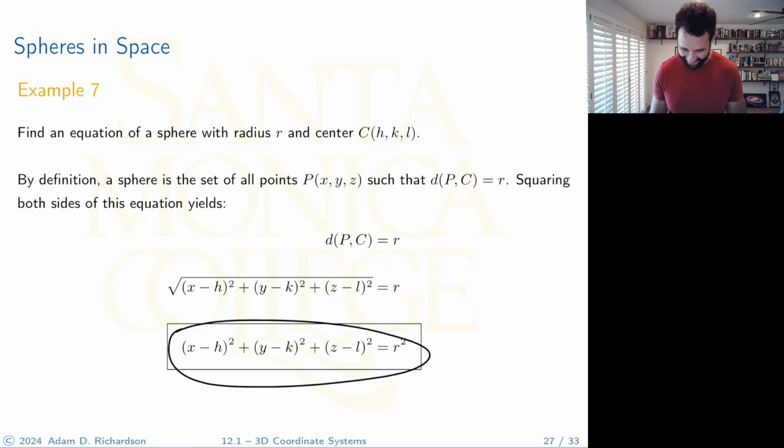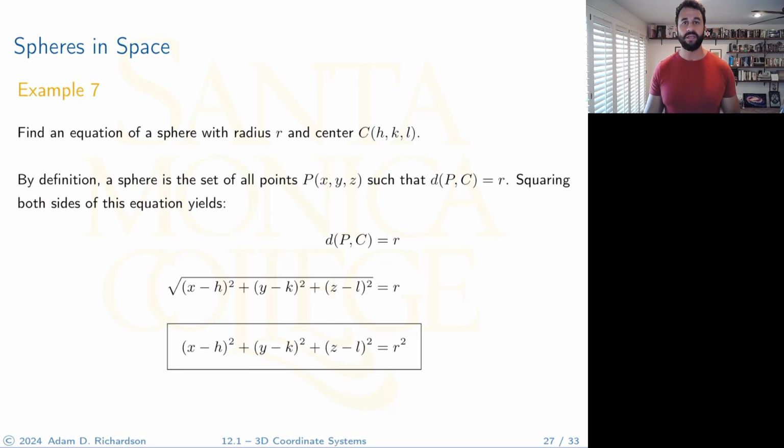So that was just how I came up with it using intuition and thinking about generalization. To make things a little bit more rigorous, you can use the definition the same way that we used the definition way back in Calc 1 or pre-calc to find the equation of a circle. So if a sphere is the set of all points that are a fixed distance away from the center, all that means is that this distance is fixed.